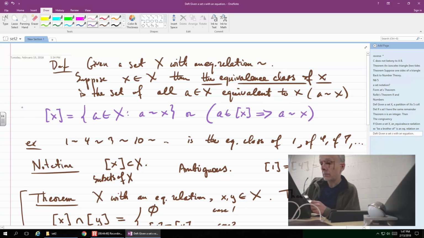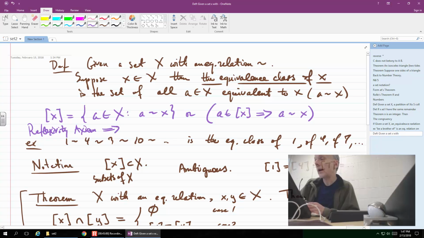So, reflexivity axiom, what does it imply about equivalence classes? The reflexivity axiom is the same as x is equivalent to x. So what does it mean? What can you say about the equivalence class of x?